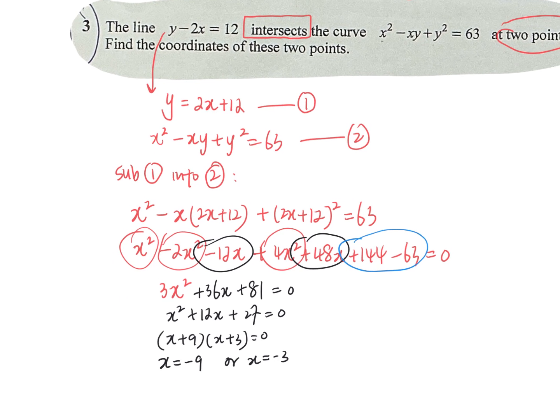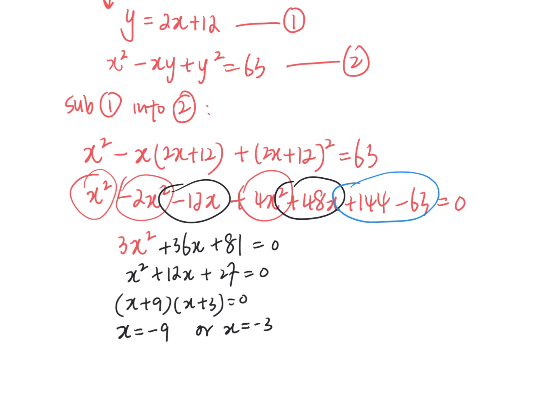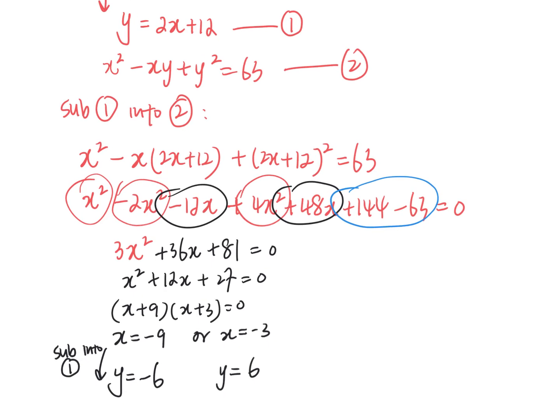Okay, look at the question. They say find the coordinates of these 2 points. Same thing, you will sub into 1 to find the corresponding y. So negative 18, negative 6. Okay, then the other one, negative 6, positive 6. Is there an error somewhere?